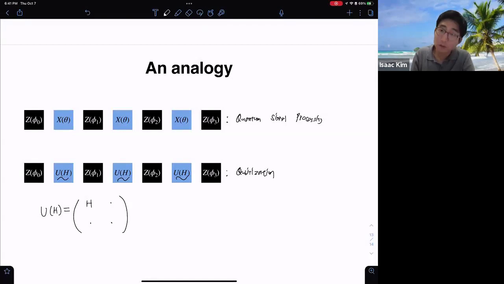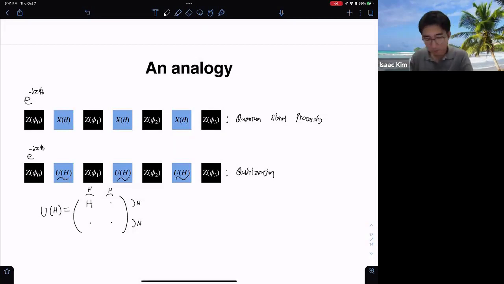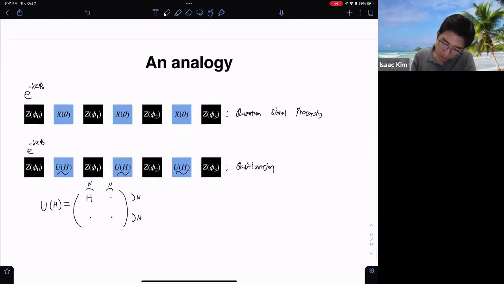So the unitary will be a 2n by 2n matrix where the Hamiltonian acts on an n-dimensional subspace. And the z operators here are a single qubit z rotation.